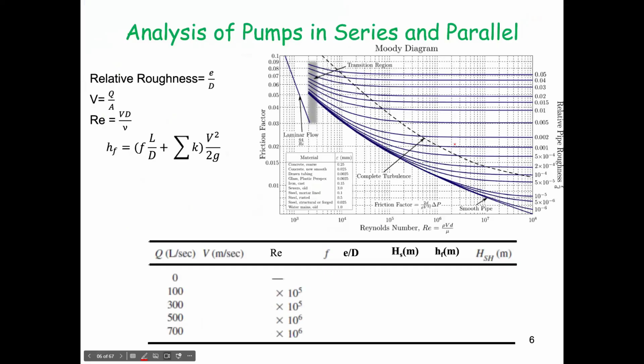And this is the one that I will ask you to start filling. How this table came about, actually, it's not an instruction that they gave me. I made it for myself because I don't want to make a mistake. I know that for each discharge, I have different velocities, which means that I have different losses. So I don't want to make a mistake. I will create something like that.